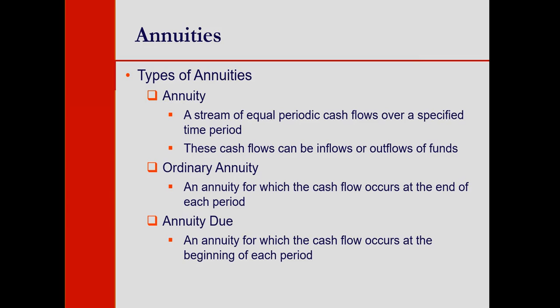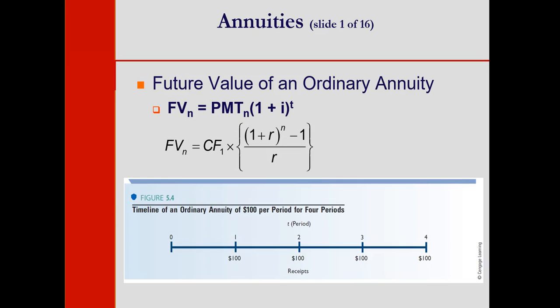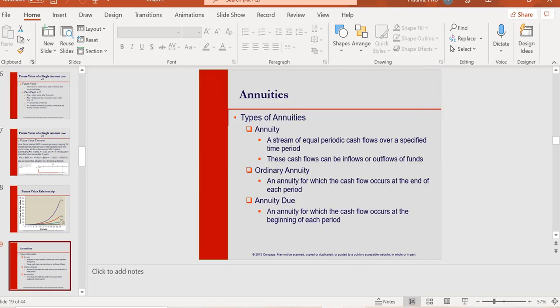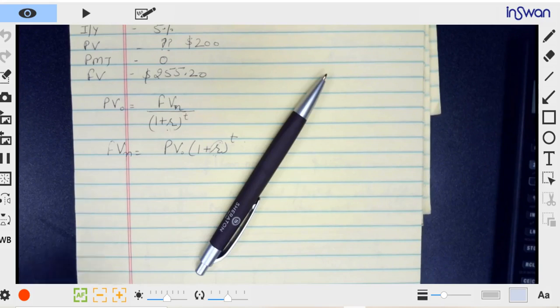You will start getting it from time t1. Annuity due is where the cash flows occur at the beginning of each period. Let me show it to you on the paper, making a timeline.